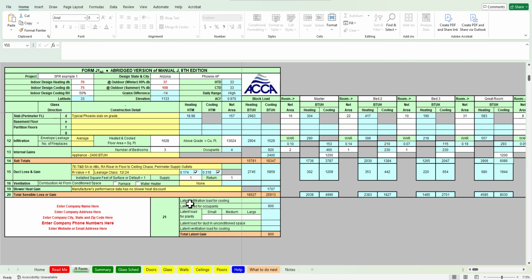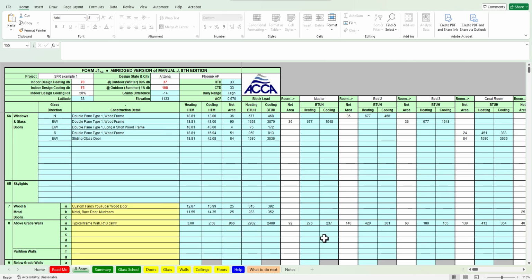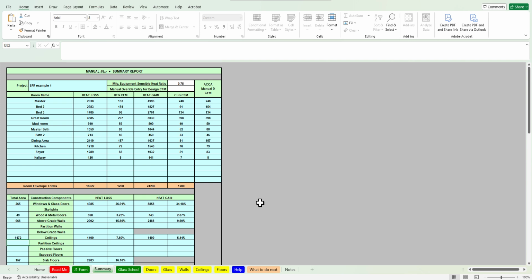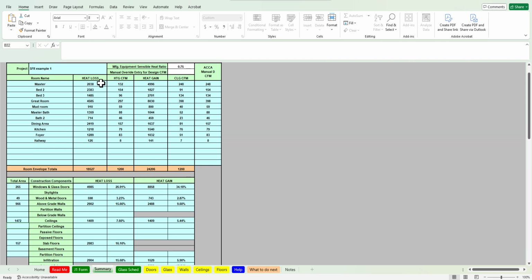They do matter. They certainly do matter. But let's just, for a second, pretend that we're done here. And the reason why I say that is let's go over to the Summary tab. And so here we are, voila. We see that now it calculates for each bedroom individually the heat loss and the heat gain, meaning this is the energy leaving the home in the wintertime.